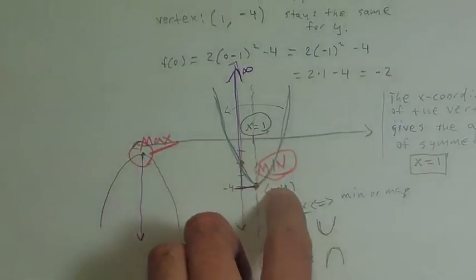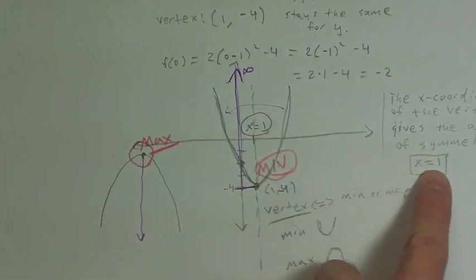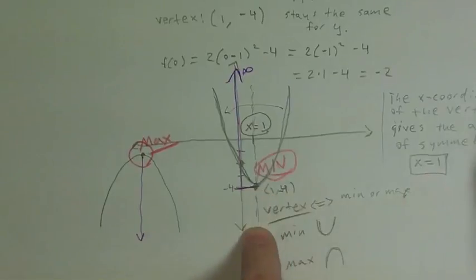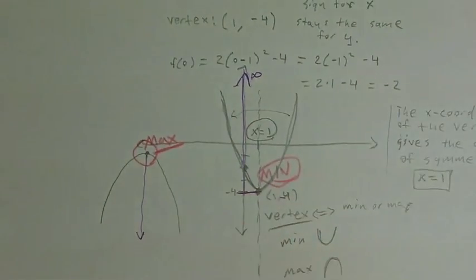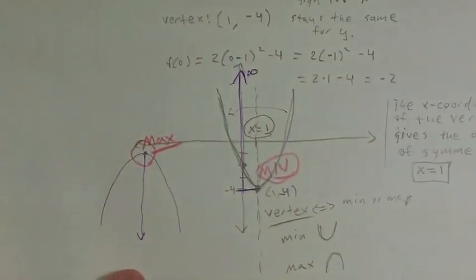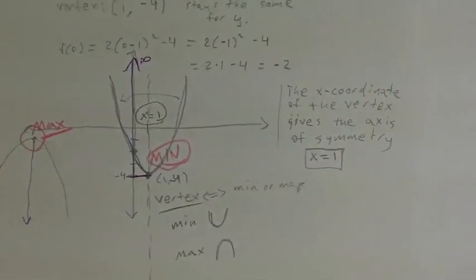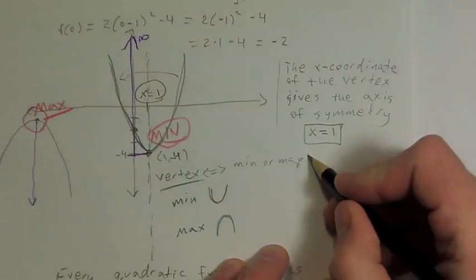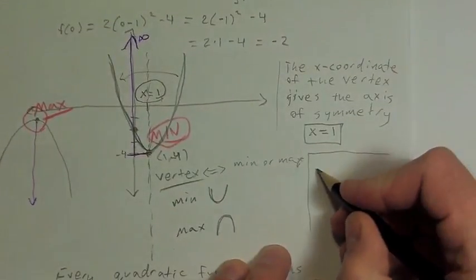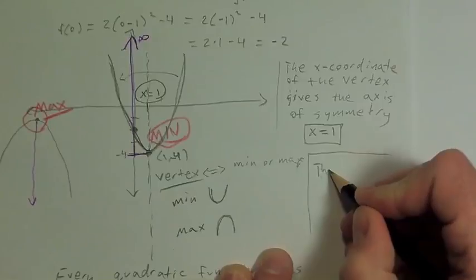So the vertex, while it gives us the axis of symmetry, also gives us whether we have a max or a min. It also gives us the range, because the range now I can say goes from -4 on up to infinity. So over here I can write the range, and this one's a little cluttered. Hopefully the next one won't be.